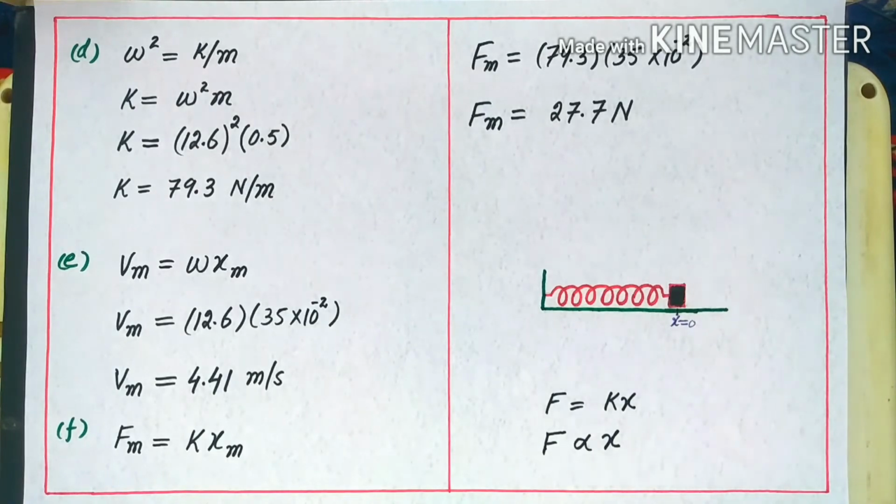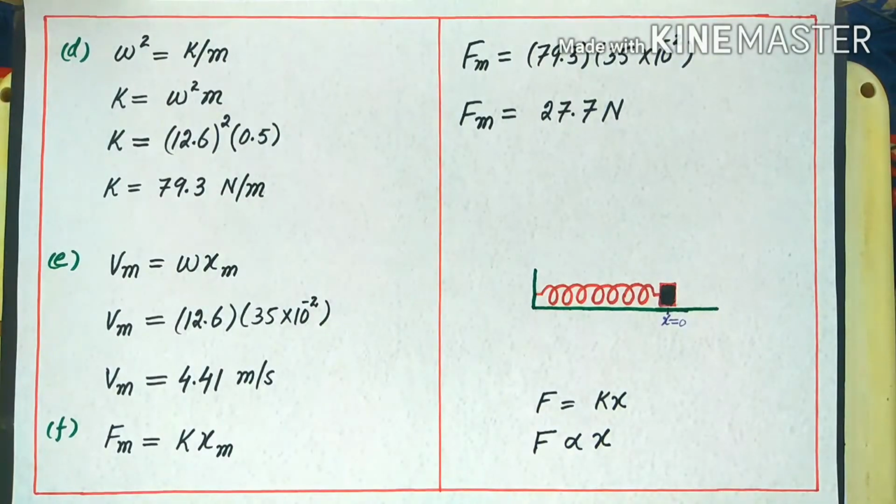Solution part F. In this part, we are going to calculate the magnitude of the maximum force exerted on the block from the spring. As we know that F is equal to kx, here k is the spring constant. It means that the magnitude of the force exerted on the block from the spring is directly proportional to the displacement.